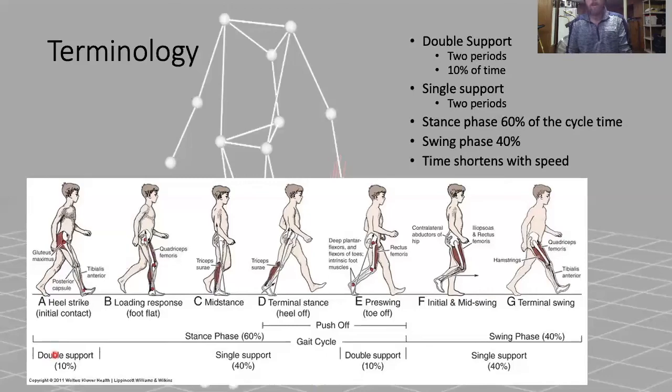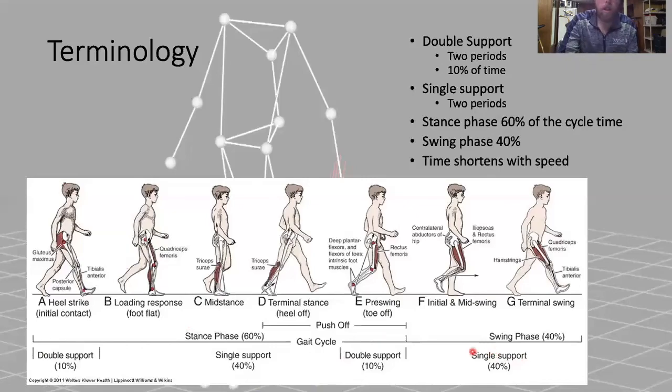So the stance phase is exactly like it sounds if you break down the percentages. We're in single support a lot during the stance phase. When we're in the swing phase, we are in single support on the left leg quite a bit, and we're swinging the right leg.